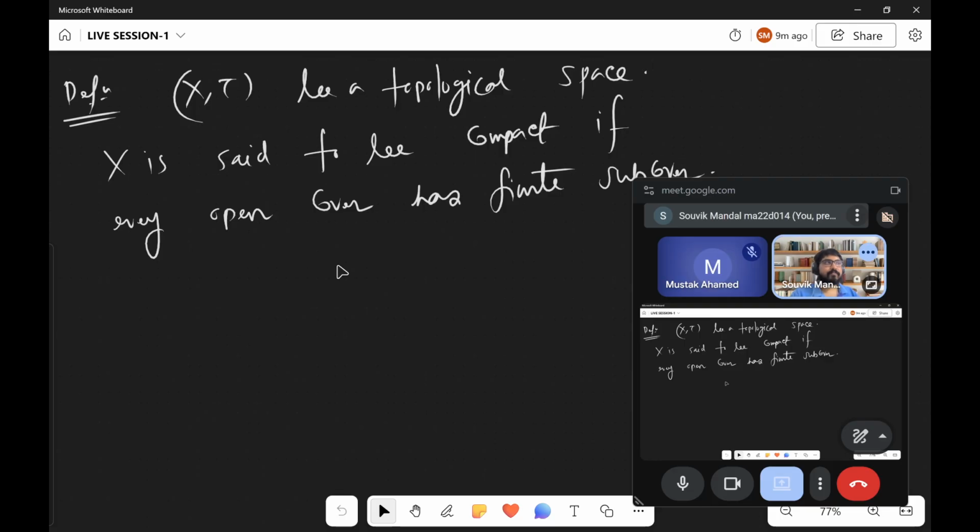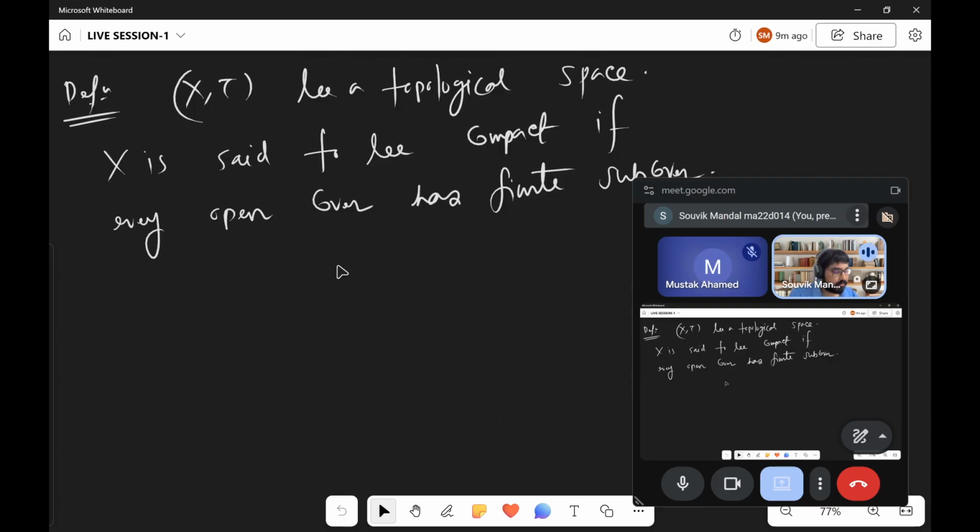Correct. If every open cover has a finite subcover, that is what compactness means.